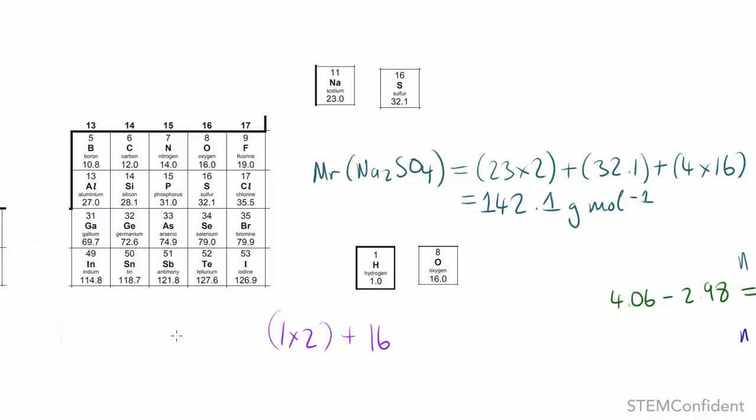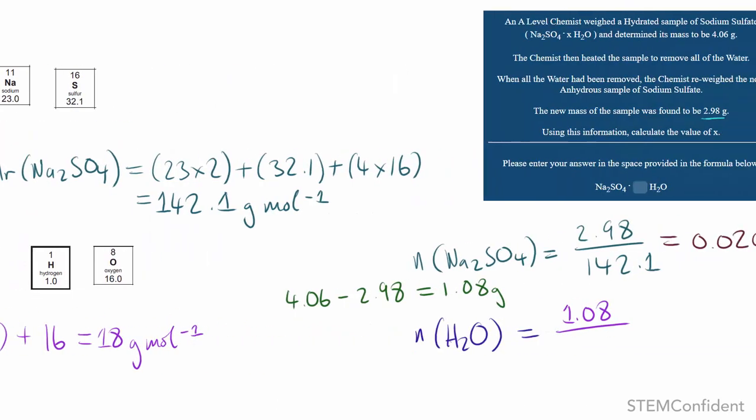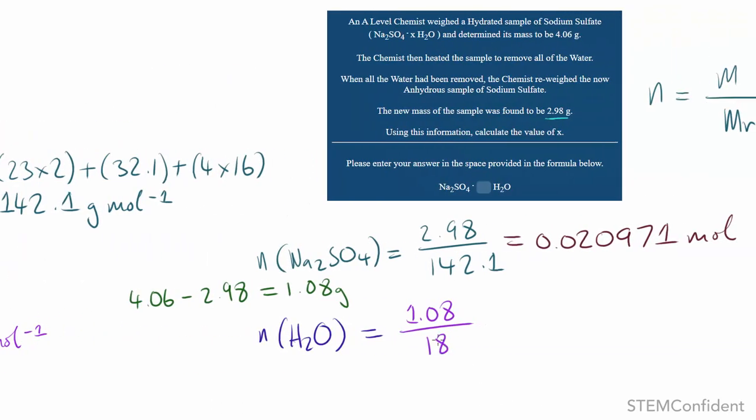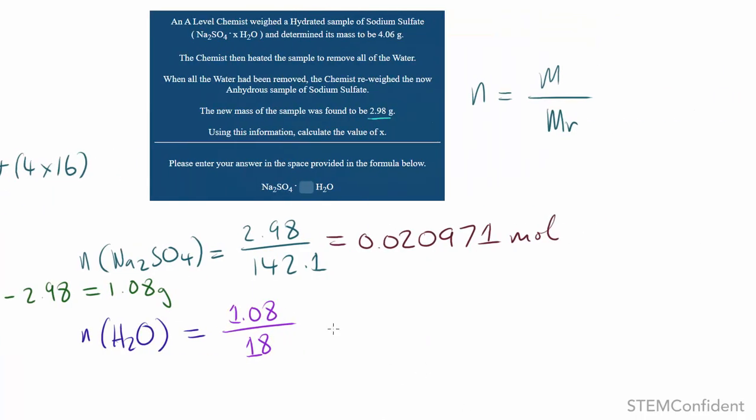So Mr of H2O is 18, and that's grams per mole. So that's 1.08 divided by 18. If you do have a go at working that out, you should find that gives 0.06 moles.